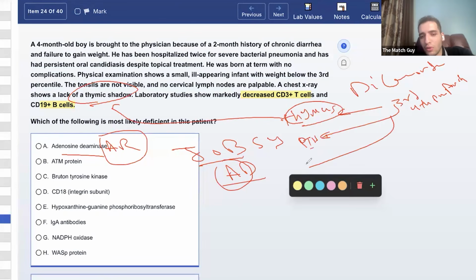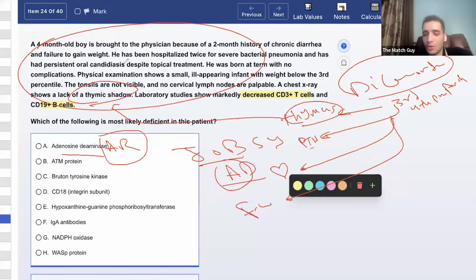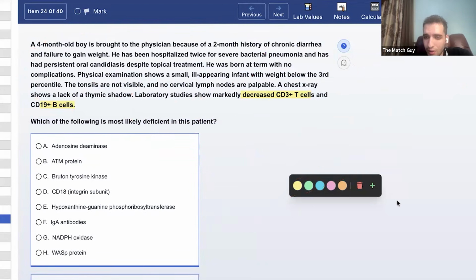Okay. It will also cause, and that's very important, a problem in the heart. So it will cause tetralogy of Fallot. Okay. And it can also cause problems in the face. So it can cause facial abnormalities. And that's why DiGeorge is wrong. This person has only immune deficiency, no hypocalcemia, no heart problem, no facial abnormalities. So that's why DiGeorge will be the wrong answer here.